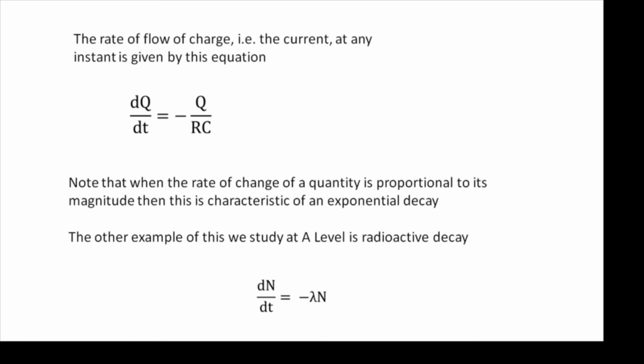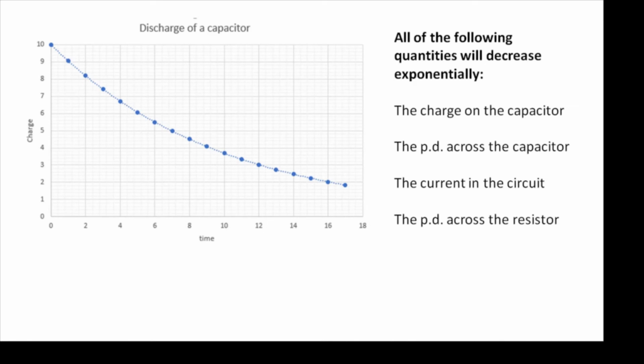The other example of this we study at A level is radioactive decay: dN/dt equals minus lambda N. The rate of change of N is proportional to N. So in the discharge of a capacitor, the charge falls exponentially, and all of these quantities will also decrease exponentially: the charge on the capacitor, the voltage across the capacitor, because Q equals CV so Q and V are proportional, the current in the circuit, which is the rate of flow of charge, and the PD across the resistor.